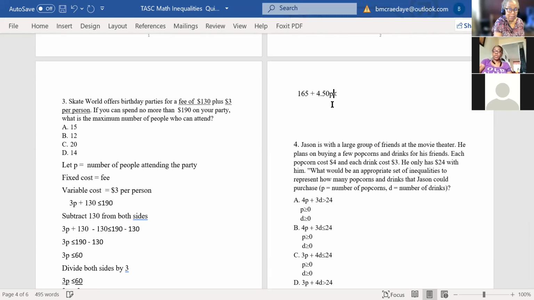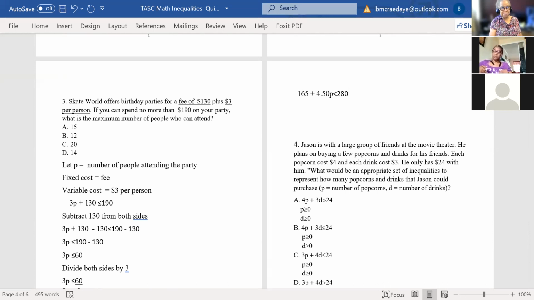The budget is 280, so that goes here. There's your inequality: 165 plus 4.50P less than 280. Now, solve for P. Tell me what P is, Vanessa.